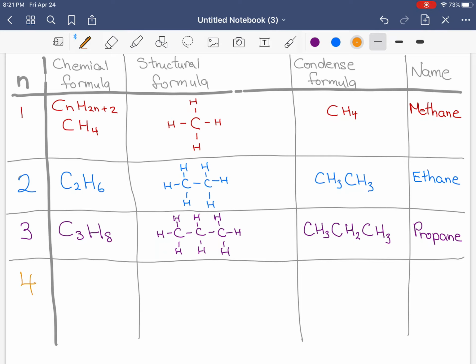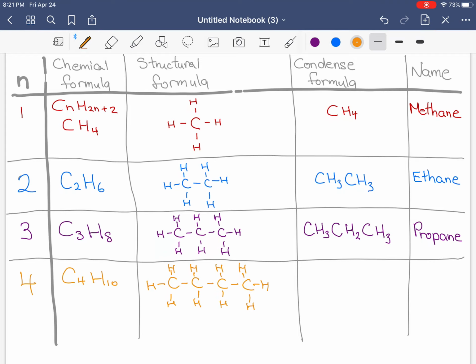Number 4. Okay, this is C4H10. Okay. 1, 2, 3, 4. I owe 3 hydrogens to this carbon, 2 hydrogens for this, 2 hydrogens for this, and 3 hydrogens for this.